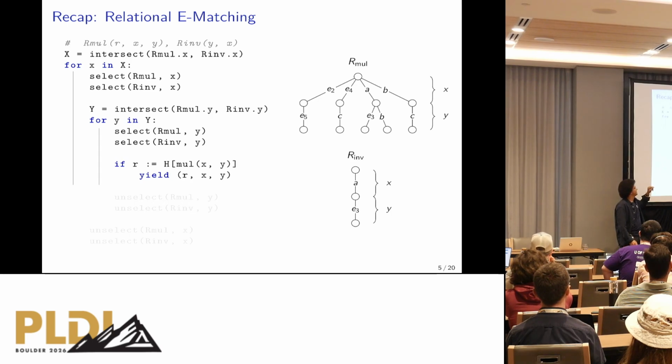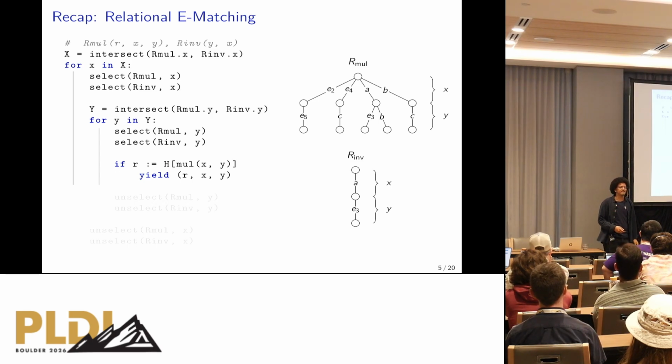And there's a small trick we can do for the roots, or in general for the roots of an atom. We don't need to loop over all candidates because there's a functional dependency from, in this case, x and y towards the variable r.